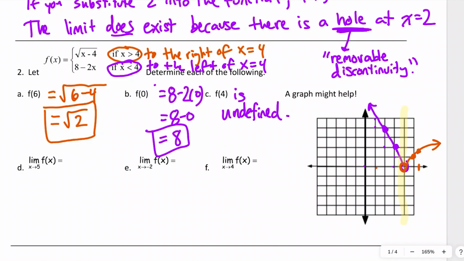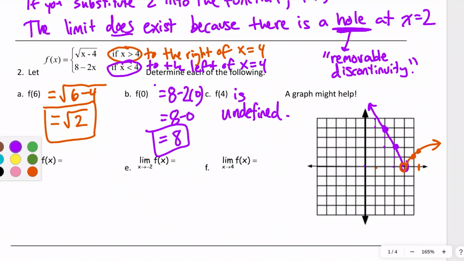The next couple of questions are referring to limits. So D says the limit as x approaches 5. If I look at the graph, what is the value of the function approaching when x approaches 5?